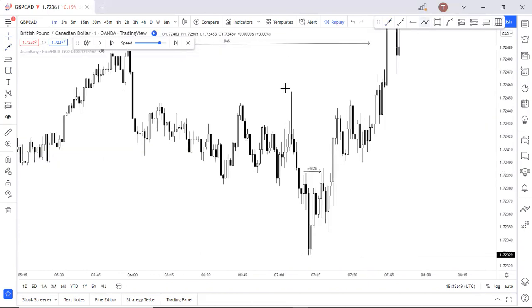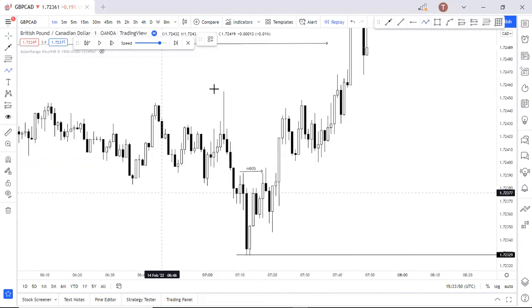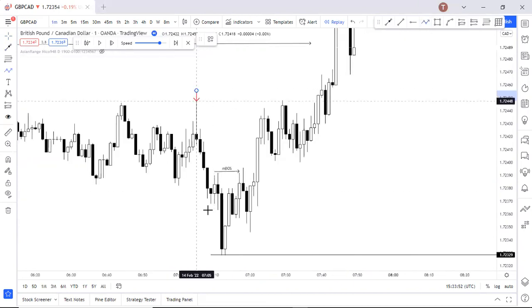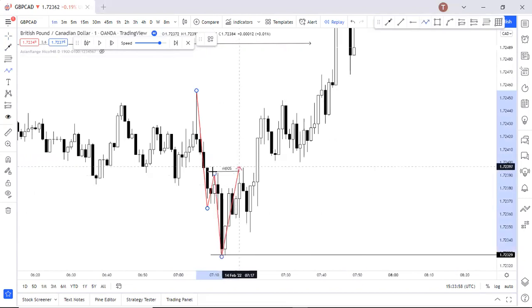If we mark out this range, we have this high, we have this low, we have this high, we have this low, then we broke above this previous high, creating a lower high.